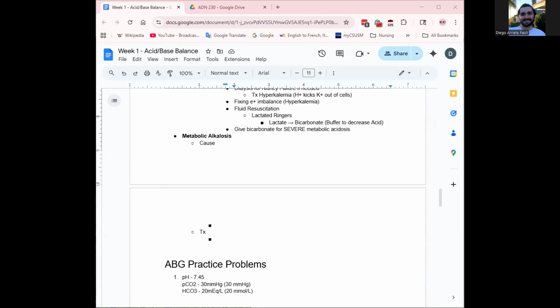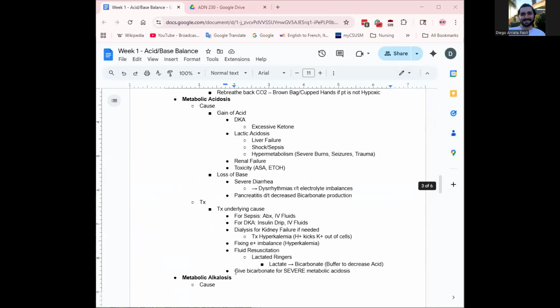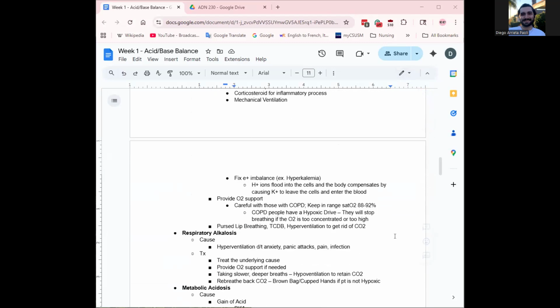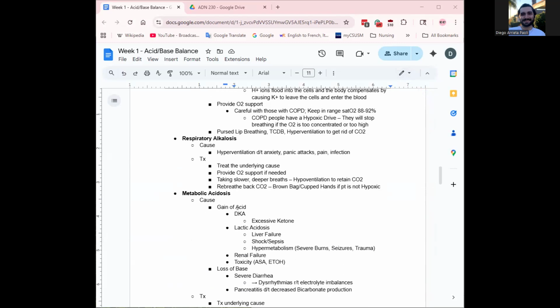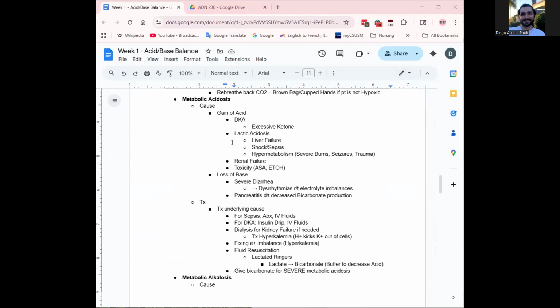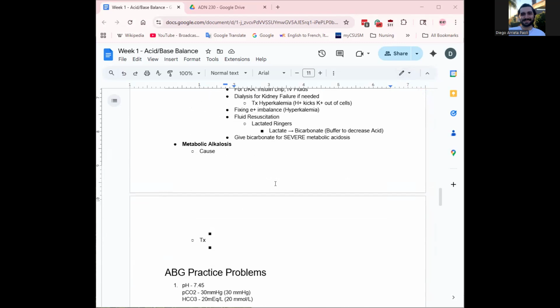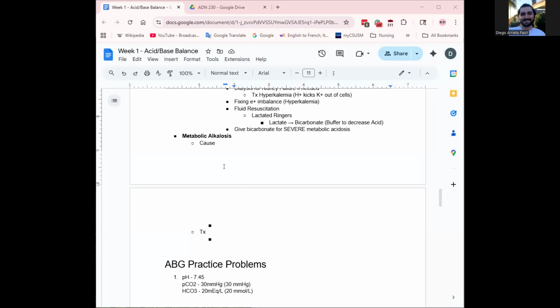So metabolic alkalosis is probably the least familiar one. Everything else here we've probably at least heard of before. We've definitely heard of COPD, people having panic attacks, DKA and sepsis. But metabolic alkalosis is probably the least common one that you'll see. Can you guys think of some possible causes for it?